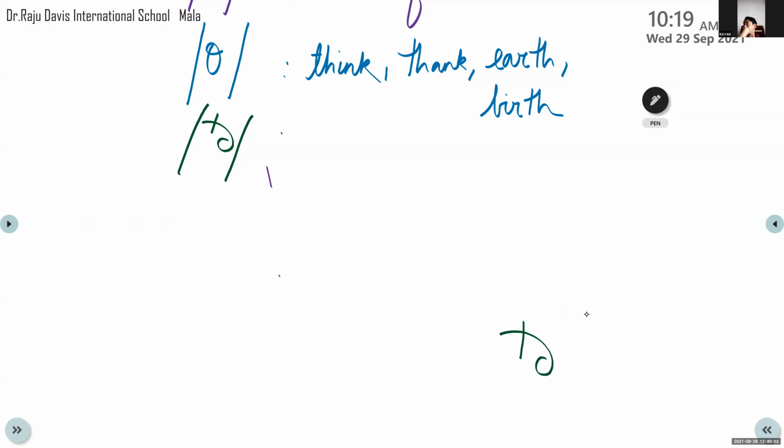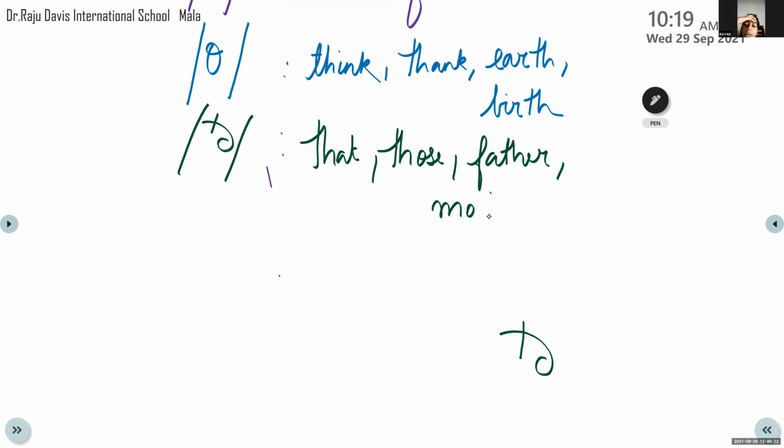For this symbol, you should remember the sound is like in that, those, father, mother, the.